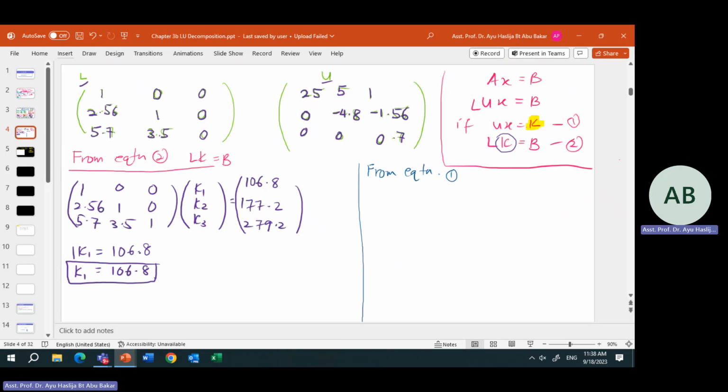Using the K1 value, calculate your K2. To find your K2, 2.56 K1 plus K2 equals 177.2. K1, you already have the value, so find out your K2. You should be getting these numbers. Okay, try to find your K3.